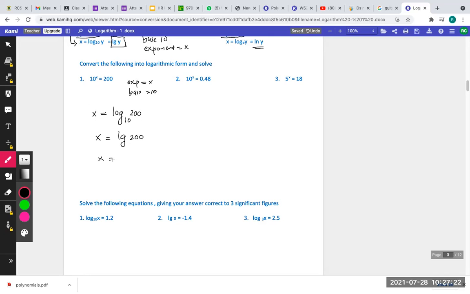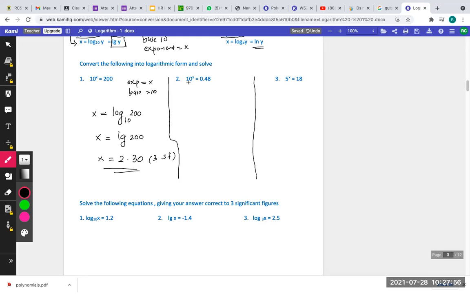And you can get your calculator and find the value of it. So press the log button. Log button is LG. So first you press the log button in the calculator. So log 200, that will give you 2.30 something. So I can write it as 2.30 rounded to 3 significant figures. Okay, I hope it is very clear. The same thing can be applied for the second and the third question.